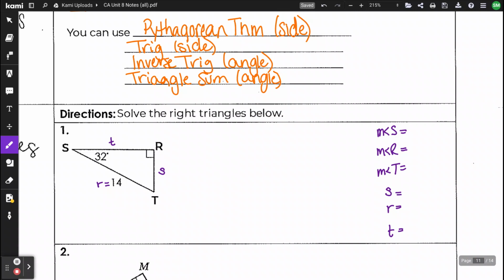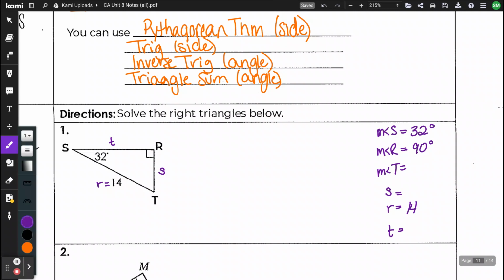Now we have little r is 14. Angle S is 32 degrees. And angle R is 90 degrees. So what do we do now? The first thing I would solve for, if you have two angles, is the other angle.